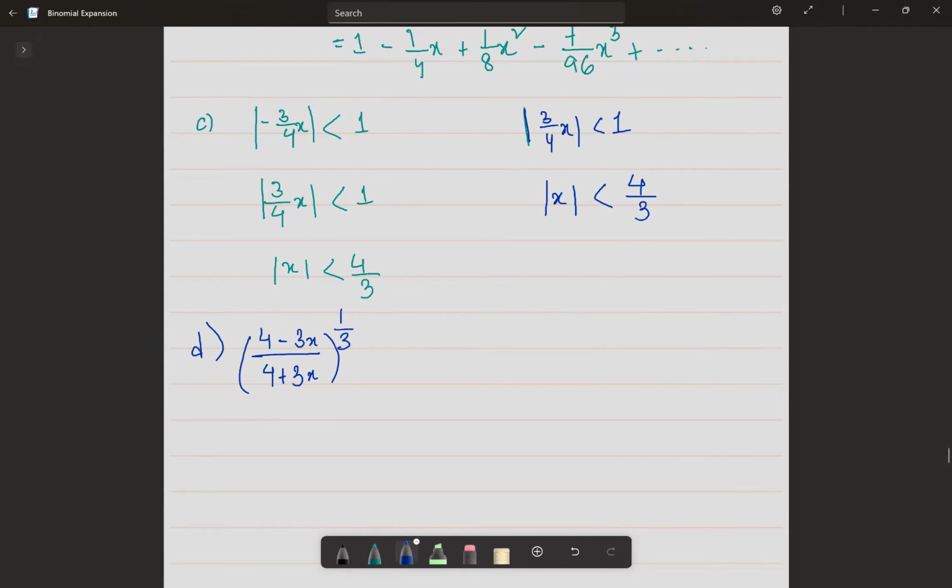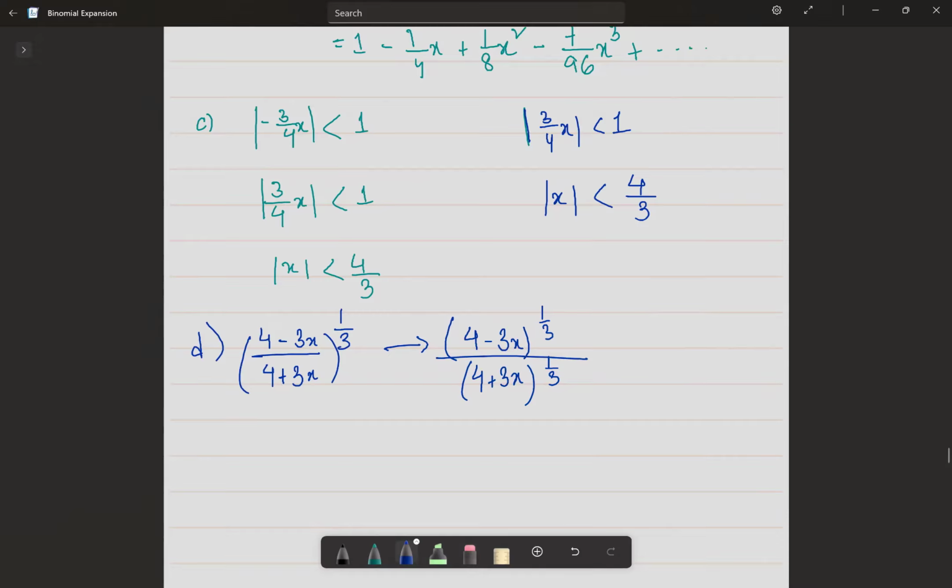The first one is you take everything to the power of 1 by 3 separately, which is you have 4 minus 3x to the power of 1 by 3, and then you are going to raise this to the power of 1 by 3 also. So you can write it like this: 4 plus 3x to the power of 1 by 3.